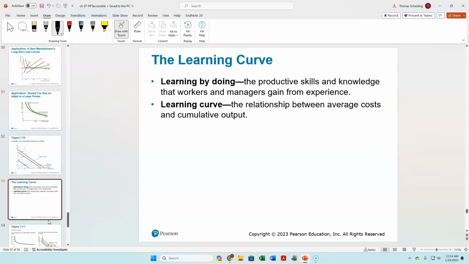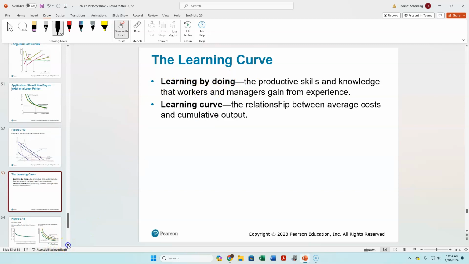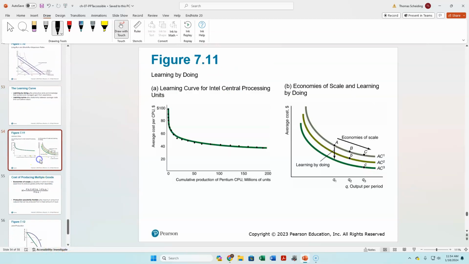By getting experience, you do become more knowledgeable about things going on within the factory, and you thus become more productive and more efficient. Nice little side fact: some of my earliest research back in the late 90s was on this human capital model of learning by doing. That's right, my previous life.